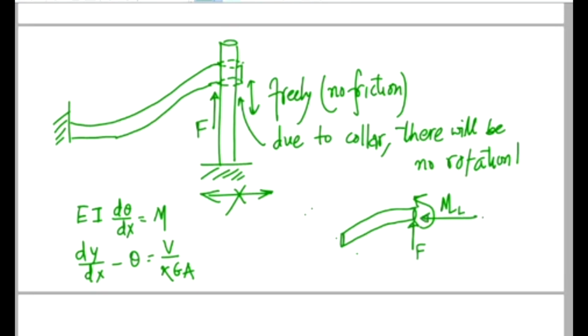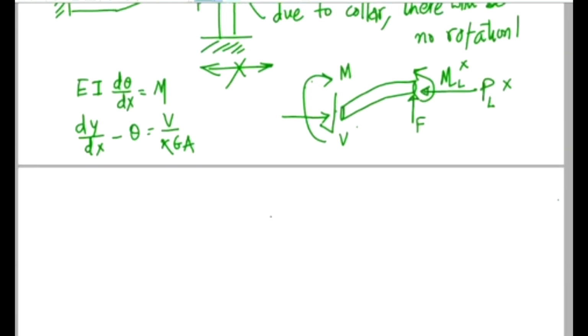So you have a reaction force even in the axial direction, and that's also an unknown. So this is an unknown, and ML is also an unknown. Whereas on the other end, you have shear force V, then bending moment M, and then you also have axial force. Now when we do force balance, this simply tells us that V of x is equal to F.